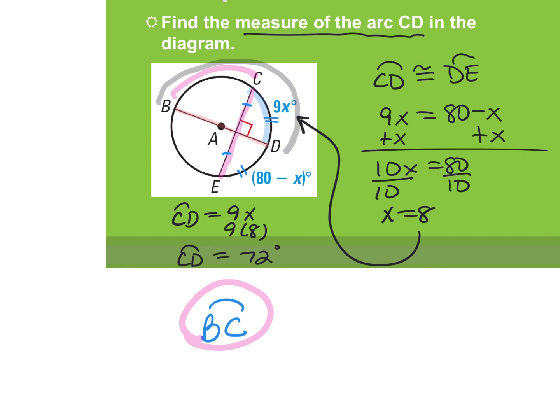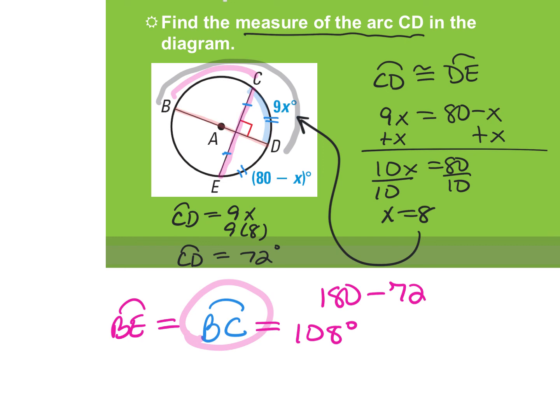So if I already found CD, all I would need to do is 180 minus 72, and arc BC would be 108 degrees. So again, treat these like puzzles. 80 minus x, that is also 72 because x was 8, 80 minus 8 is 72. So they could have either asked for BC or BE, like she said. Either way, these are congruent arcs because, again, they're part of a semicircle arc.